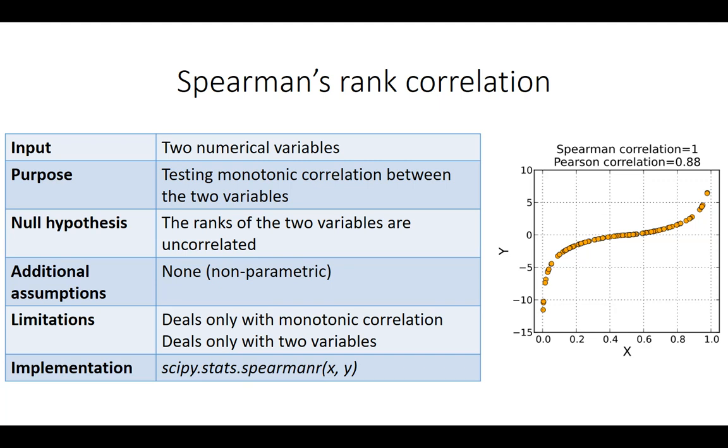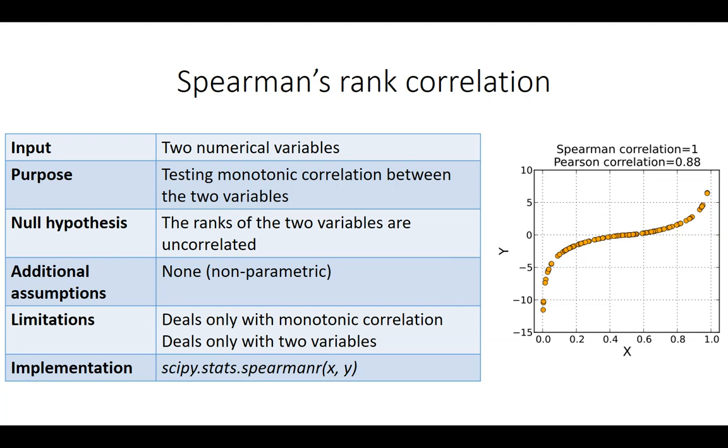I'm going to explain what rank means exactly in a bit. The nice thing about it is that it doesn't make any assumptions whatsoever. That's what is called a non-parametric test, a statistical test which doesn't make any assumptions about the distribution of the data. As a result, it's applicable to any distribution. We're going to see some examples of these non-parametric tests. They're very strong in this sense.